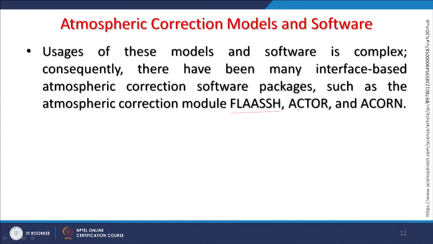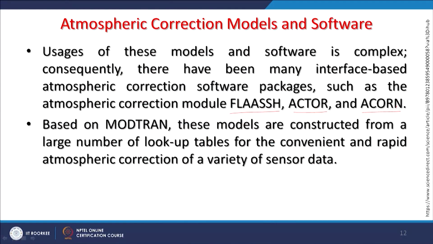Therefore, interface-based atmospheric correction software packages are available, like FLAASH, ATCOR or ACORN, and maybe a few more, but which one will provide the best results is very difficult to say unless one applies it on one's own data set.